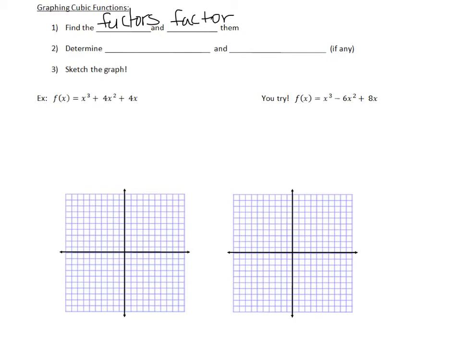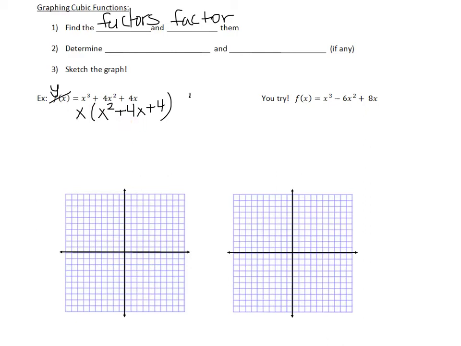So in this example, again, f of x, that's the same thing as y, right? So we don't really care about that. We're looking at this right side, and we're just asking ourselves, can we factor it? First step in factoring always is GCF. So our GCF here is an x, and what's left over is x squared plus 4x plus 4. We have a trinomial, so I'm thinking first times last, that adds to be the middle.